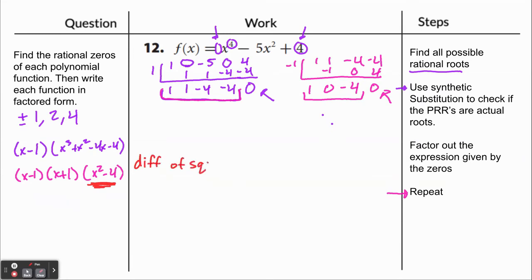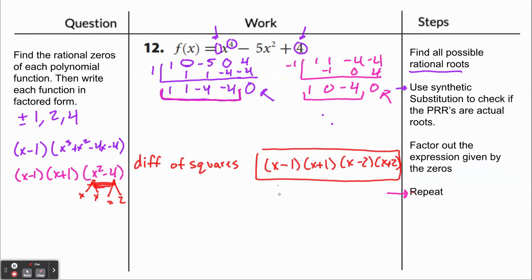That means that because both of these numbers are perfect squares, because x squared is x times x and 4 is 2 times 2, then I know that a plus b times a minus b represents the factored form. So my final form here is x minus 1 times x plus 1 times x minus 2 times x plus 2. And so that is my factored polynomial here.